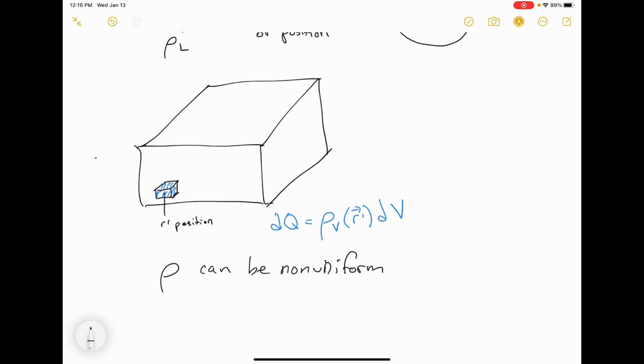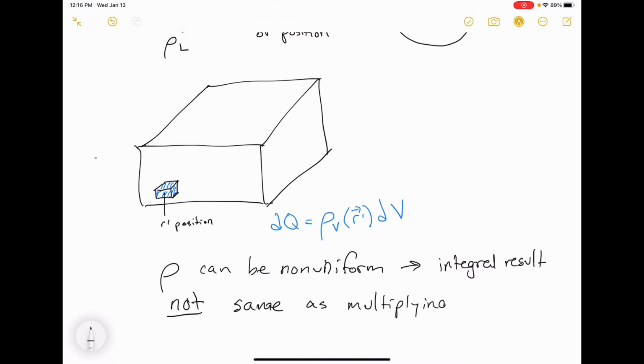So the result of doing this integral is usually not the same as multiplying by the total length or area or volume of the region.